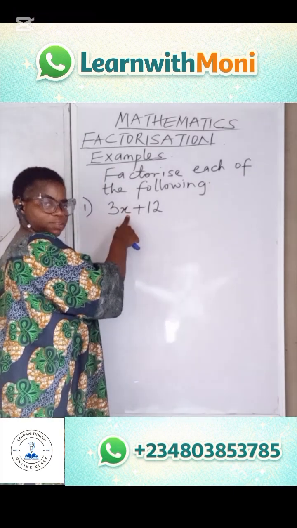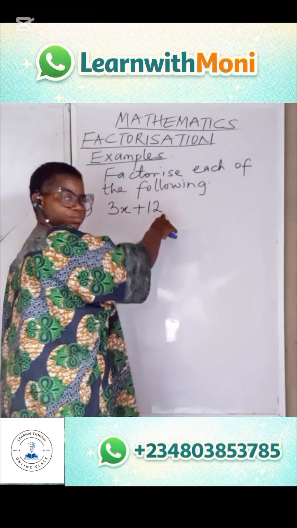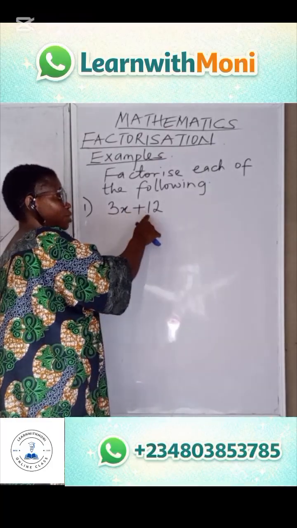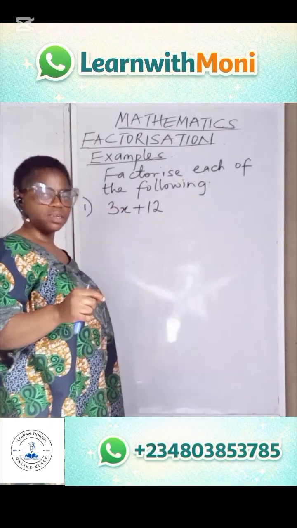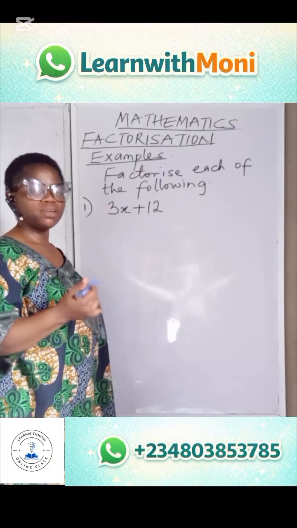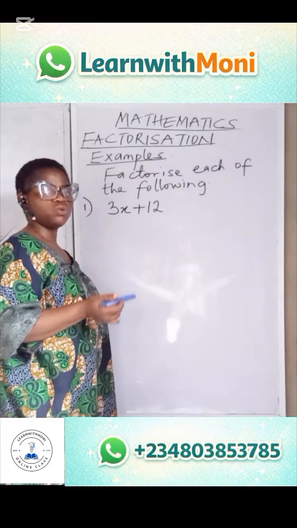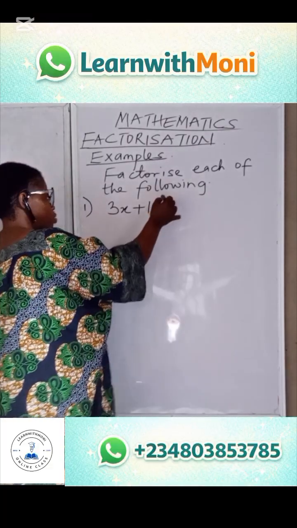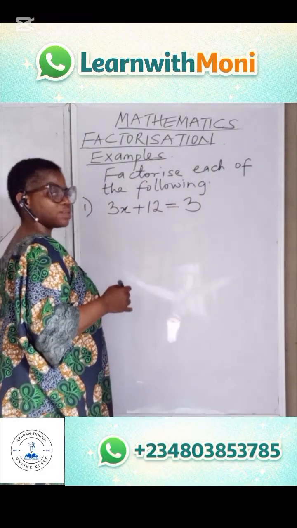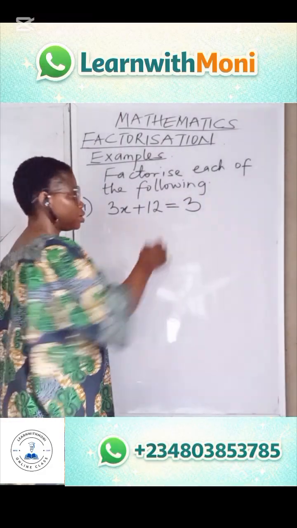This is 3x and this is 12. The highest common factor of 3x and 12 is 3. You can find it out just the normal way you get HCF of numbers. So I am going to bring out the highest common factor of 3x and 12, which is 3.